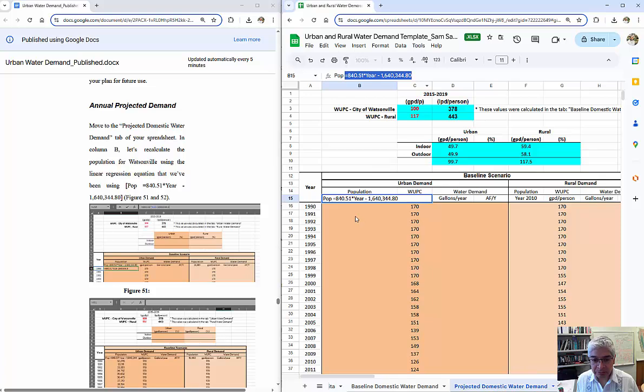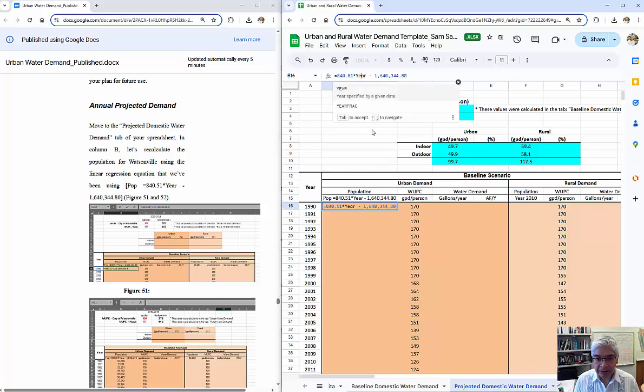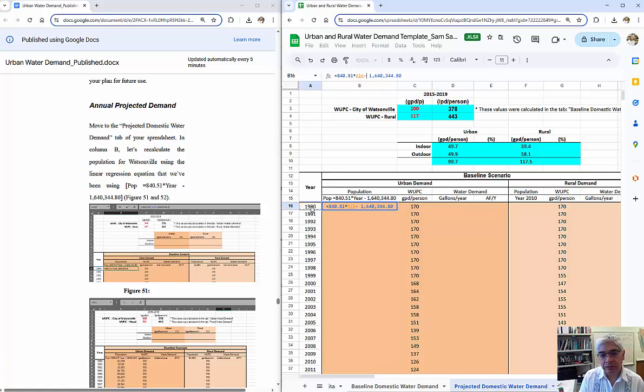Something that you can do is copy this equation, paste it in here. Instead of times year, what you can do is use this one, the year, and then minus these specific values, and then I'll just get rid of the commas just in case.